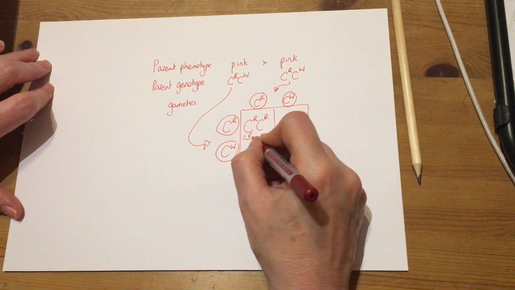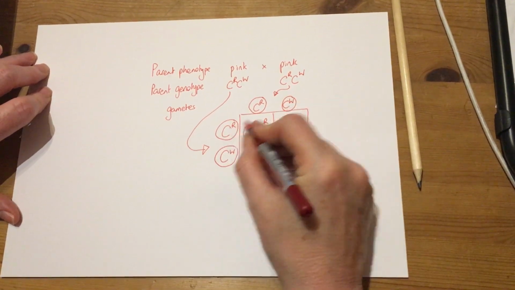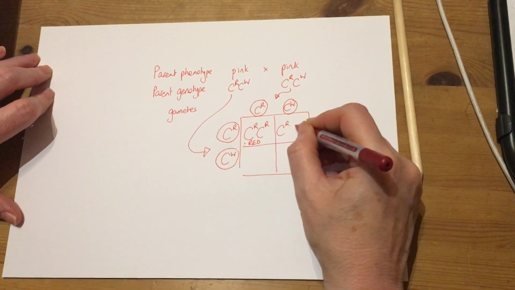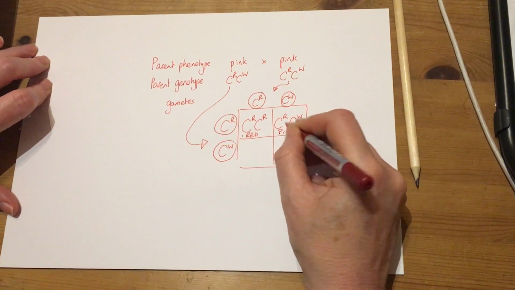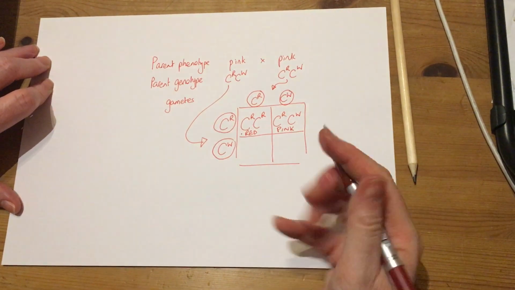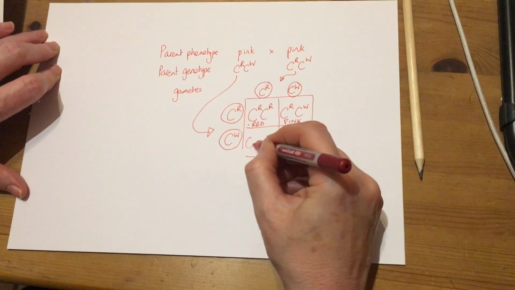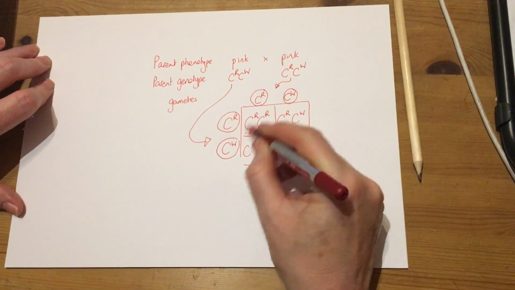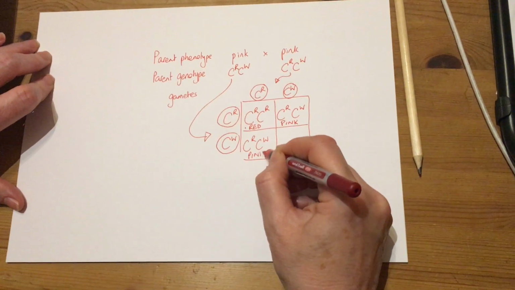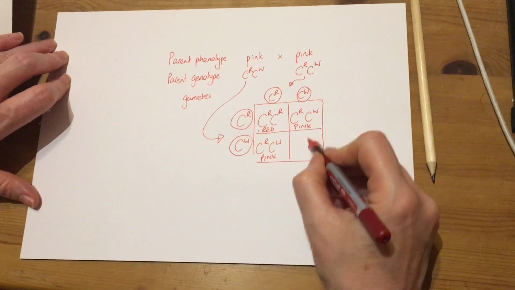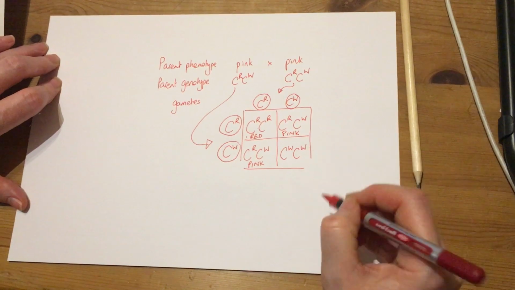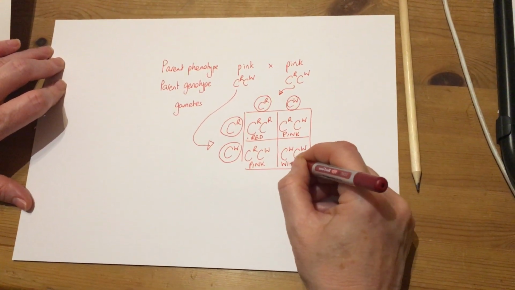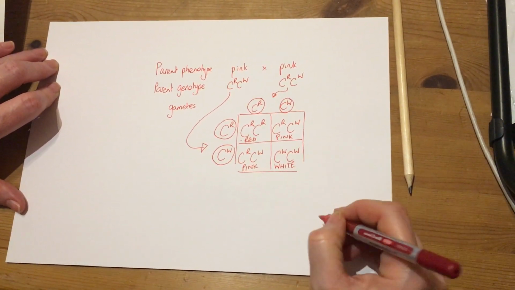The first one is red. This one, go alphabetically, is pink. It's got a red and a white, and they're blending. This individual has got a red and a white, and they're blending. And the fourth square, we have a white allele coming from one parent and a white allele from another. So our third genotype is white.